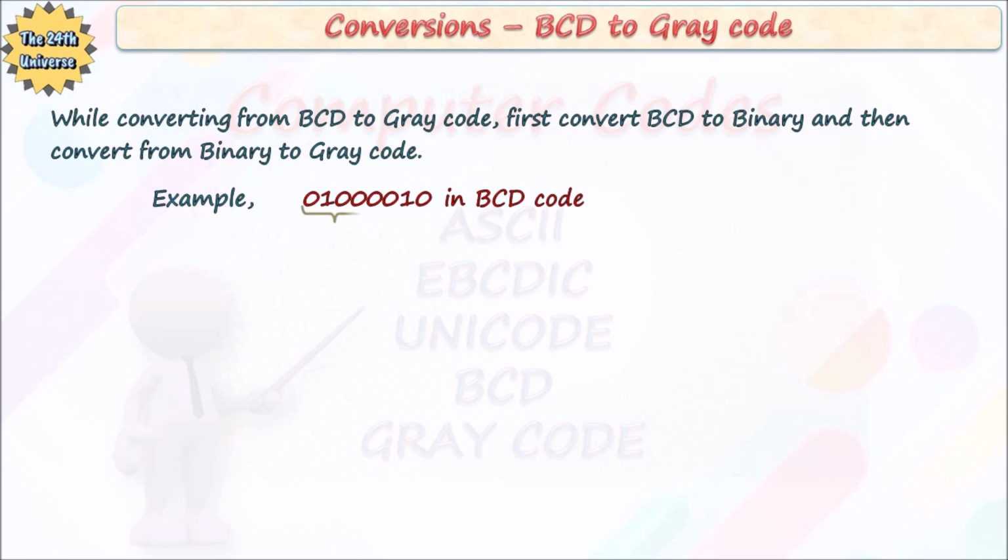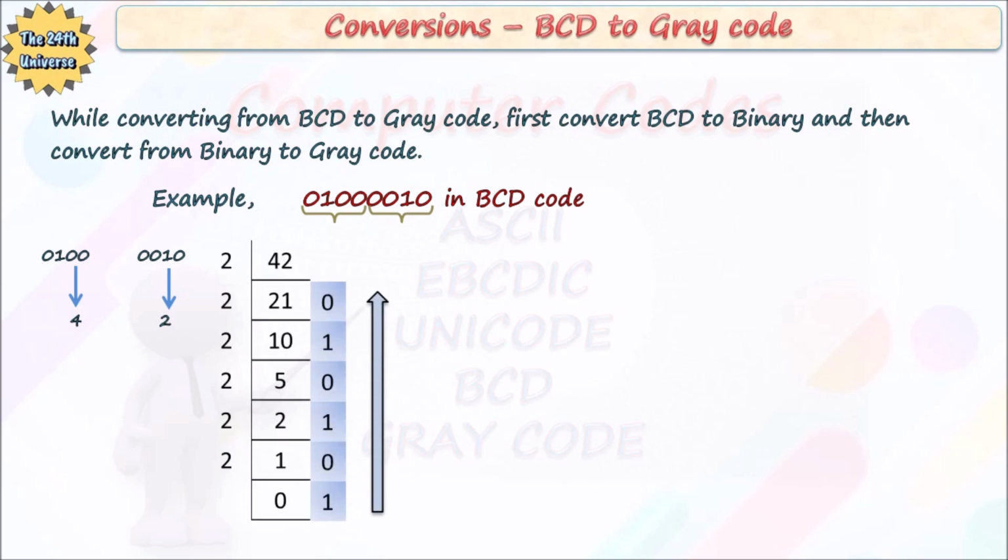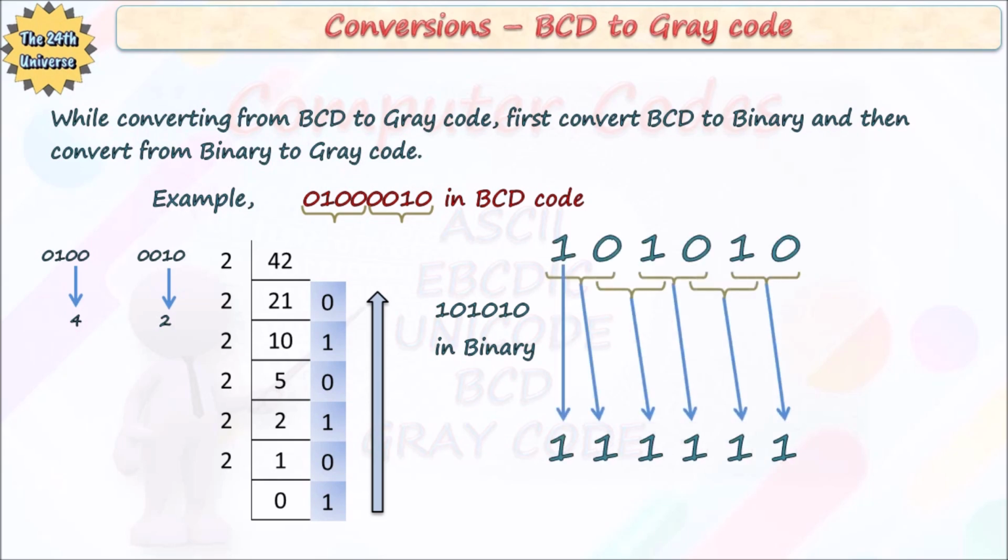First convert it into decimal by grouping them into 4 bits group and then write the decimal equivalent of each 4-bit group, that is 42. Now convert it into binary, that is 101010, and then apply binary to gray code conversion, that is write the MSB and compare the adjacent bits. By doing this, we get the gray code equivalent as 111111.